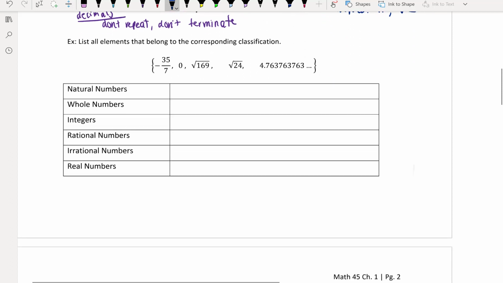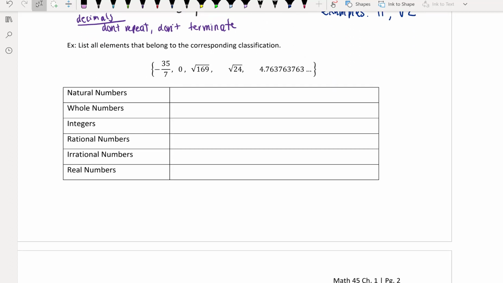Okay. So, for example, in this box, it says list all the elements that belong to the corresponding classification. So here are a group of numbers that we are going to classify. So what things do we know? Well, we know that the square root of 169, hopefully you guys know that.